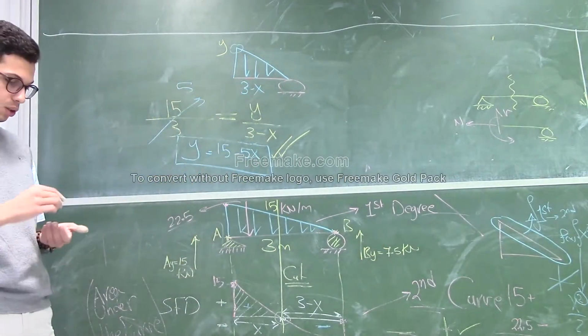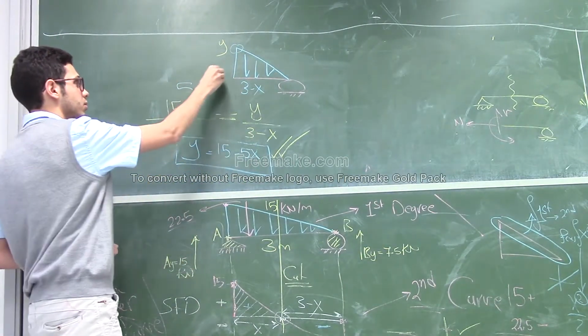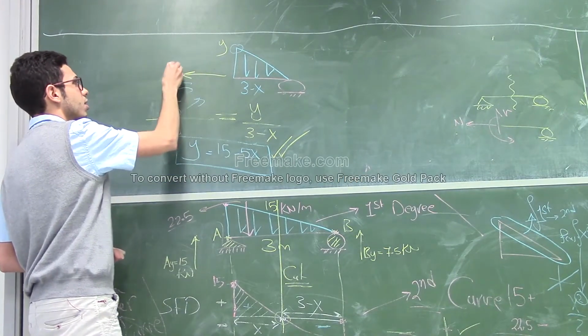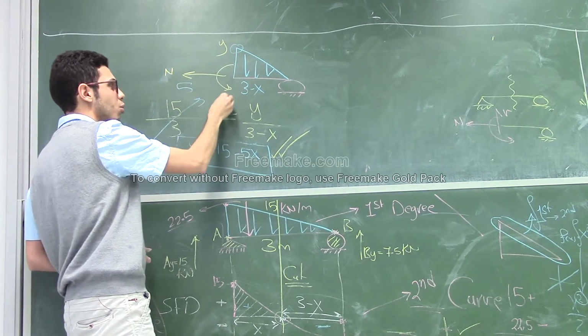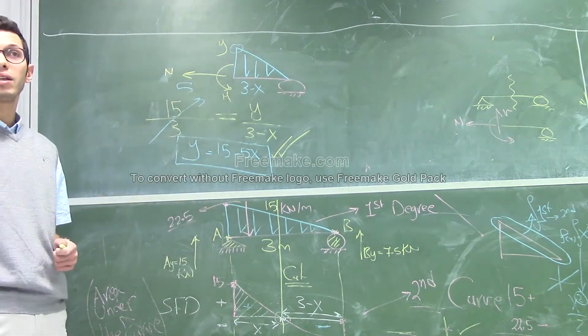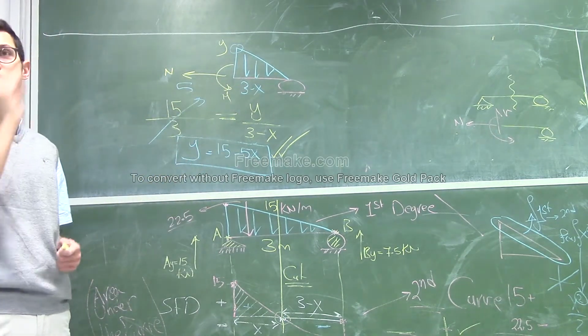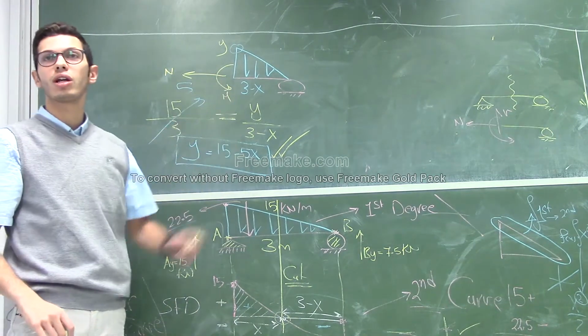On this cutting part, we will get normal force and a moment value, and zero shear force, because there is no shear here, right?